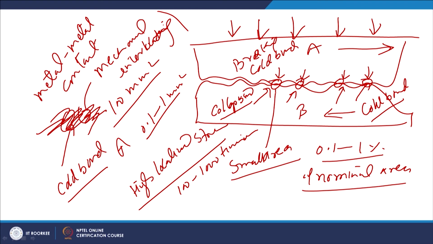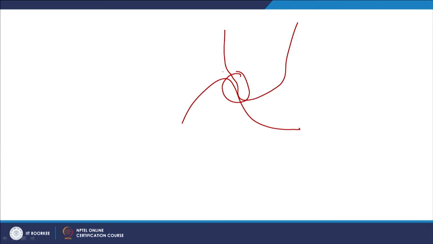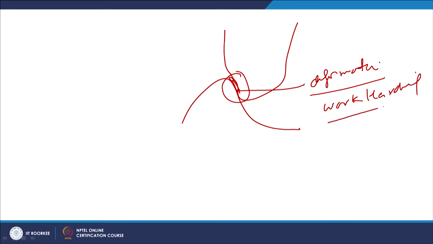And whenever there is a breaking of the cold bond, a very interesting thing happens. This is one area where the bond has been created. Since this bond is created through deformation, this deformation of the surface or near surface layers will be leading to work hardening, and this work hardening will be increasing the hardness and the yield strength of the near surface layers.